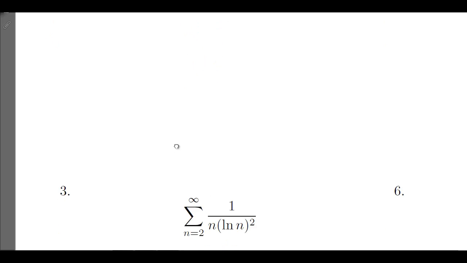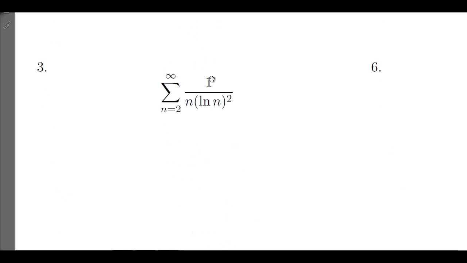All right, next one. Let's look at 3. It's a pretty ugly 3. Now we have 1 over n times natural log of n squared, going from 2 to infinity. Again, I'm going to use the integral test here, mostly because I see a natural log n and then an n in the denominator.